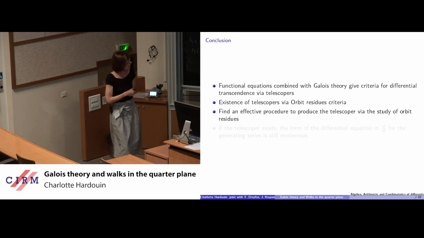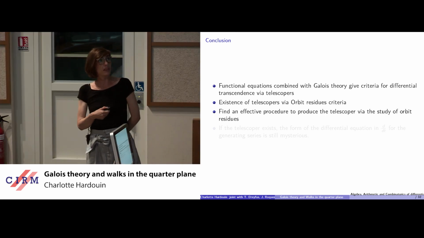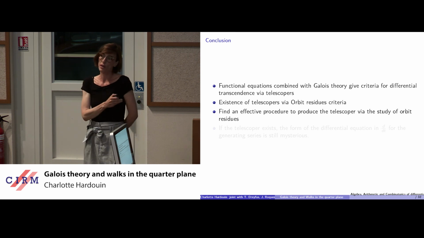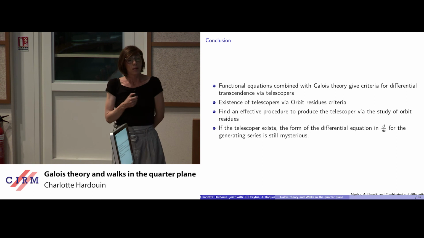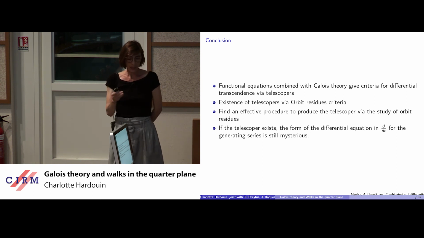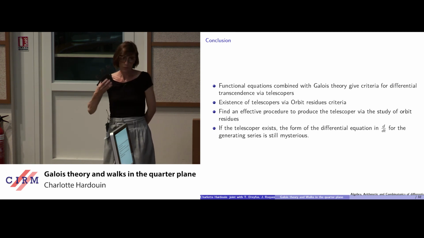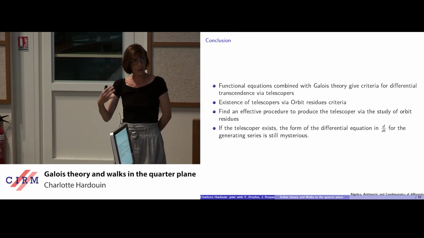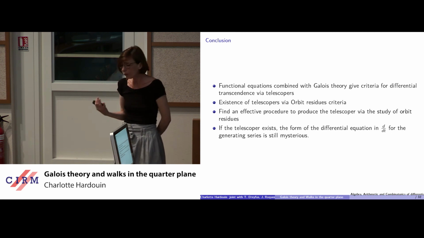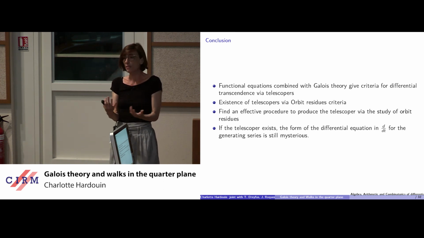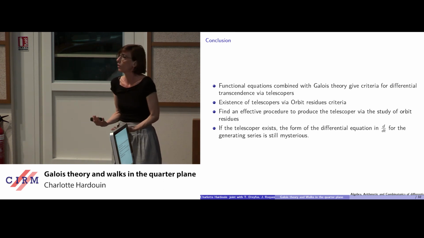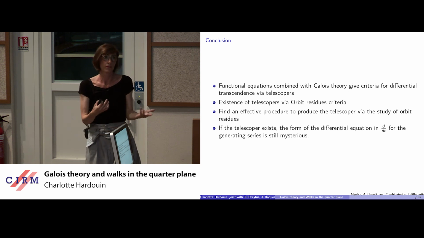Okay, so this is what I have done. We are really interested in finding an effective procedure to produce the telescoper and compute the orbit residue. But in the case where you are interested in the derivation in y and the derivation in t, the form of the differential equation in d over dt is still mysterious given the telescoping equation in x.